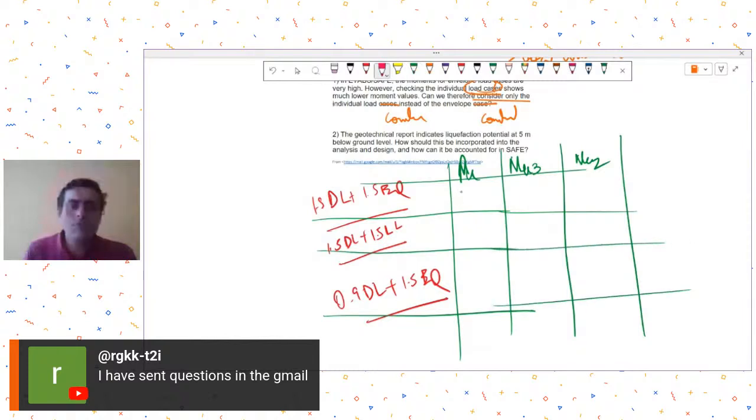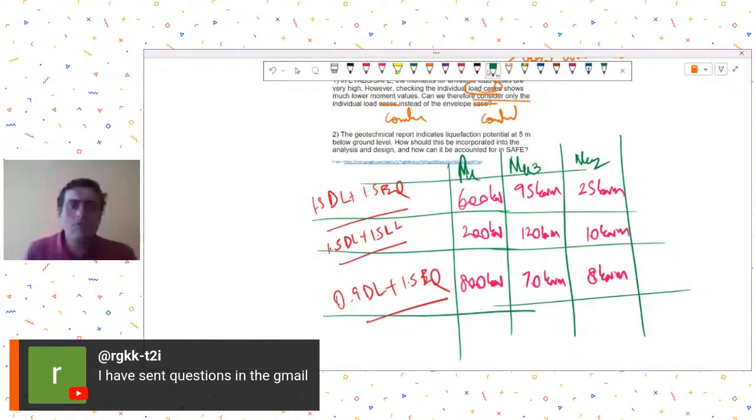For one combination you are getting an axial load of 600 kilonewton, moment of 95, and about the other axis some value. For another load combination, maybe this kind of axial load and increased moments, just some hypothetical values. And another load combination with this type of axial force and this type of moment. Are you able to see the results?